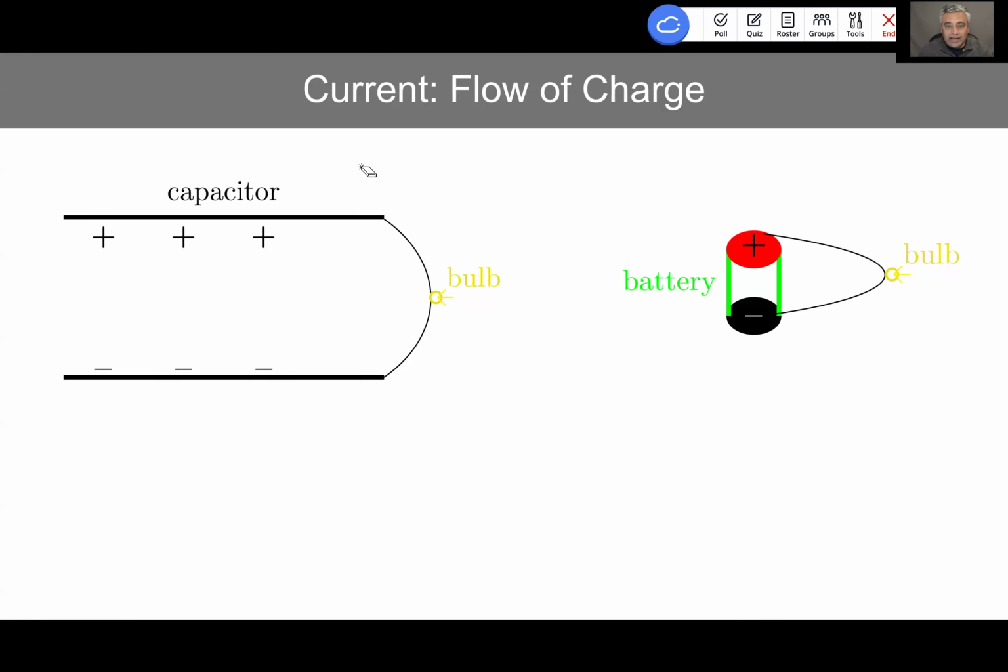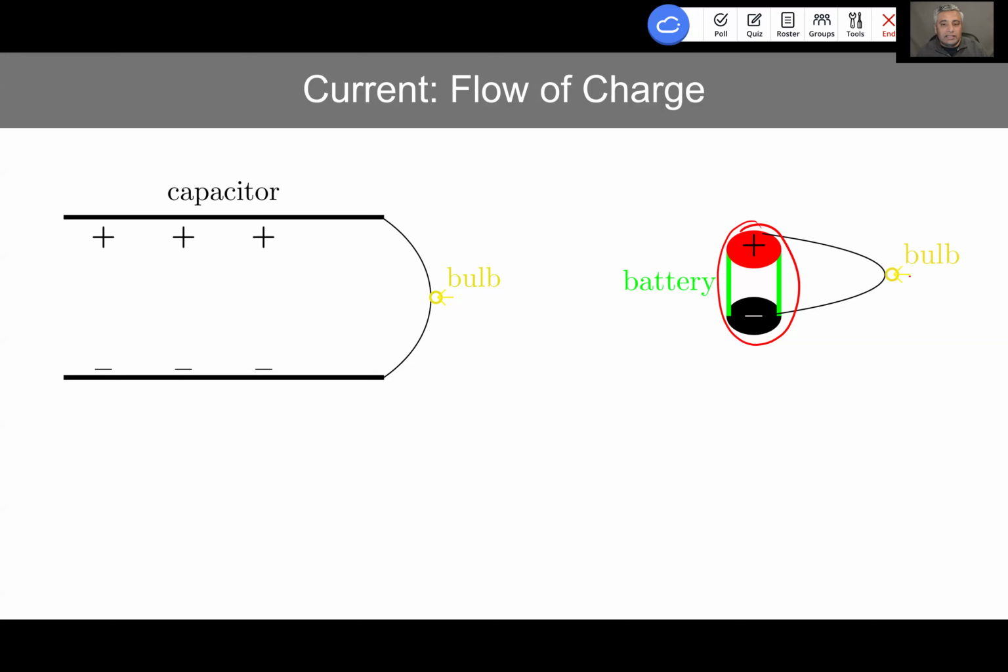So now let's connect a light bulb with some wire to that capacitor or a battery. What happens? It lights.